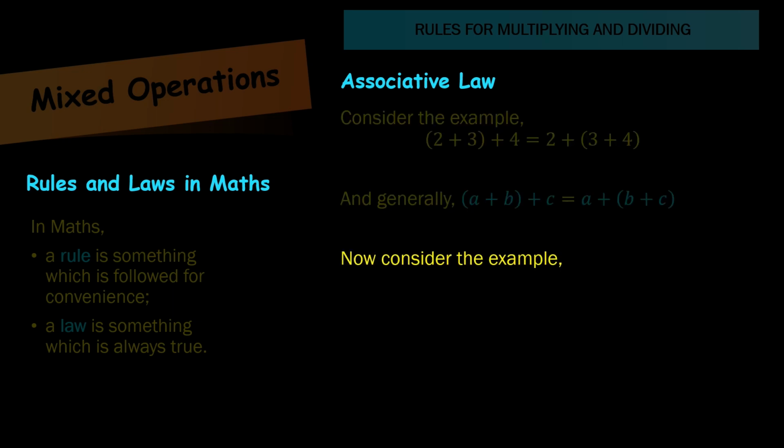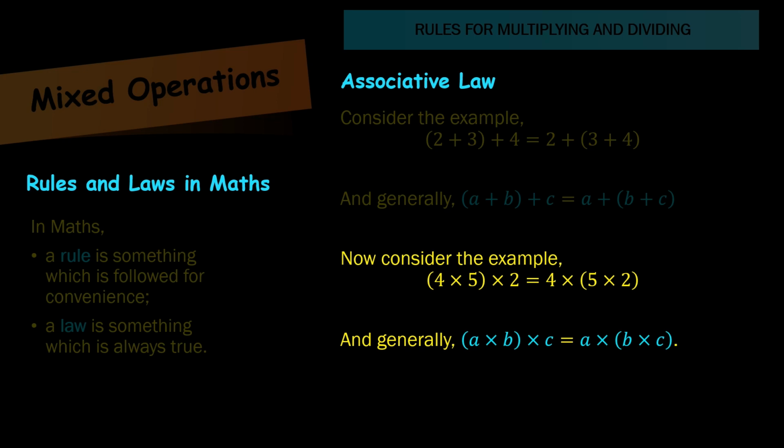Now consider this example. 4 times 5 times 2 equals 4 times 5 times 2. More generally, a times b times c equals a times b times c, or ab times c equals a times bc.